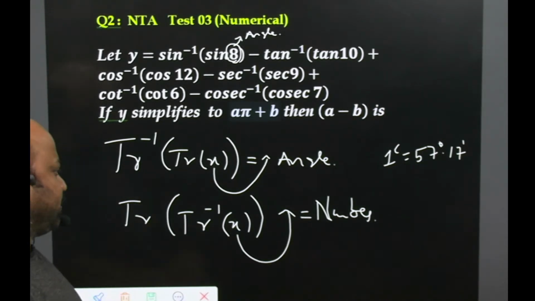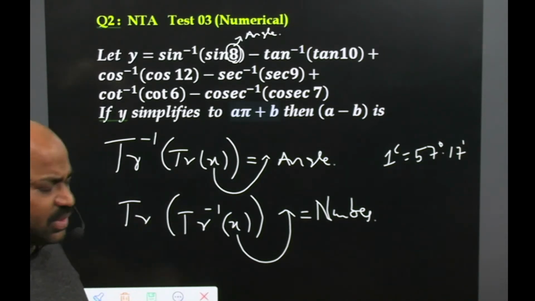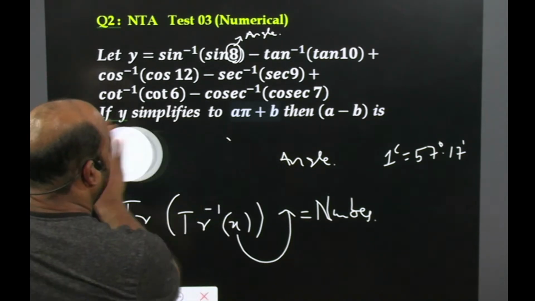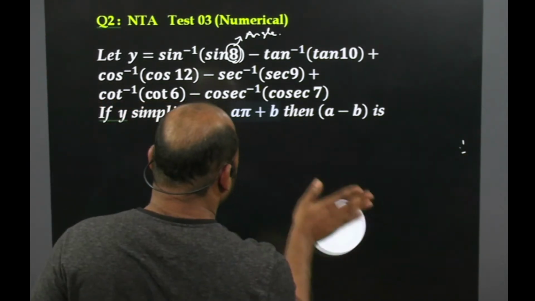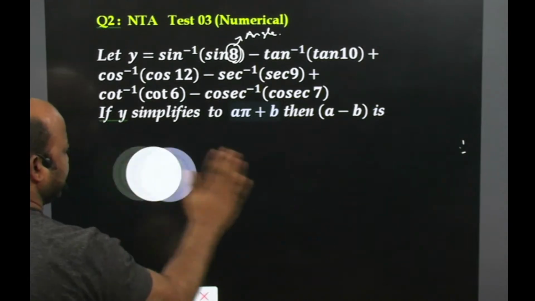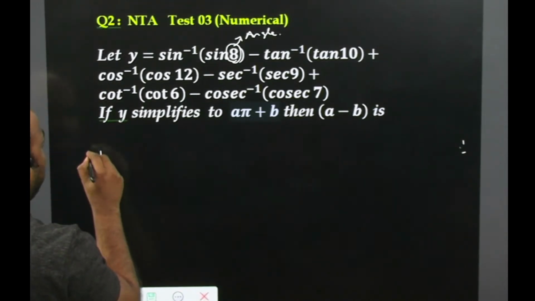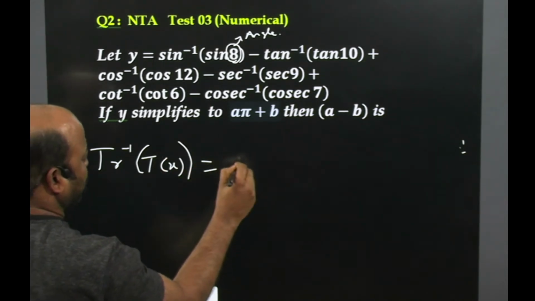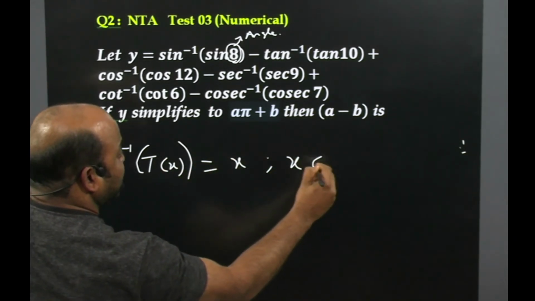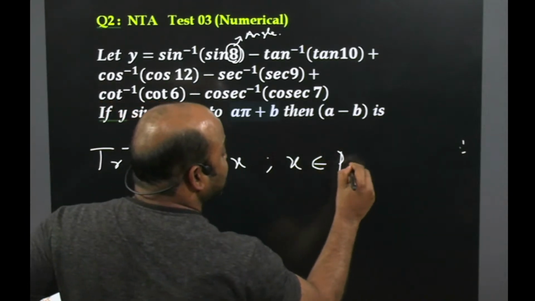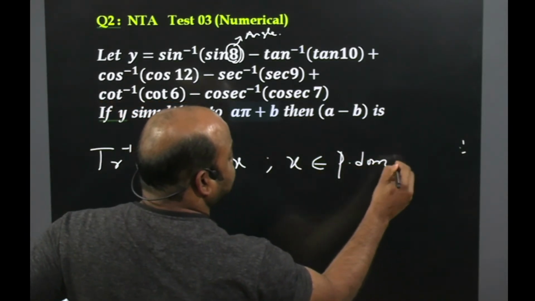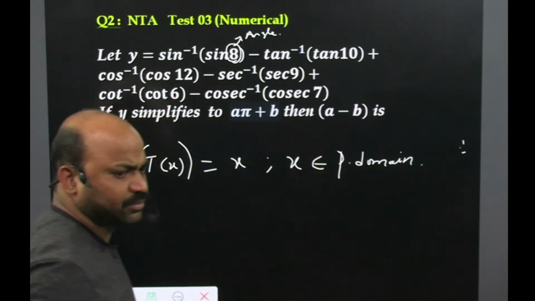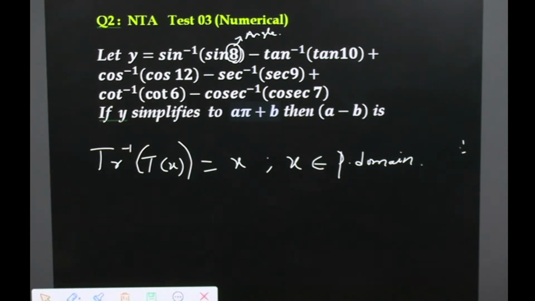How to do it? Have you written it? Now look here. The point is, trigonometry inverse of trigonometry of x is equal to x when x belongs to the principal domain. Clear?